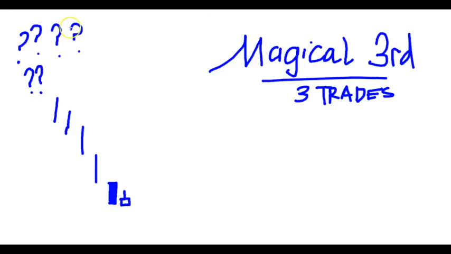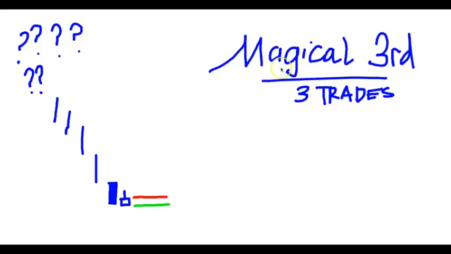Fantastic questions. Now, the way that the magical third relieves you of having to have more answers, that's the best way to explain it, is that essentially when it gets to this point, you would place the red line as a sell trade, and this green line as a buy trade.